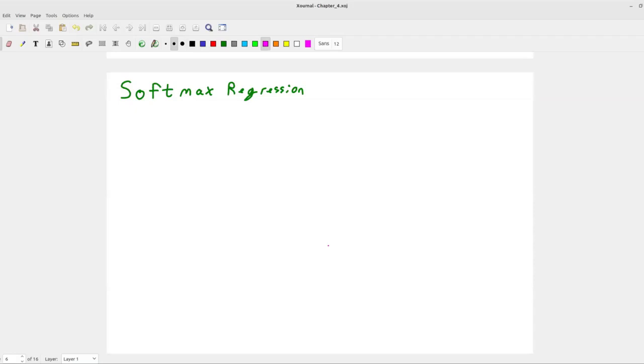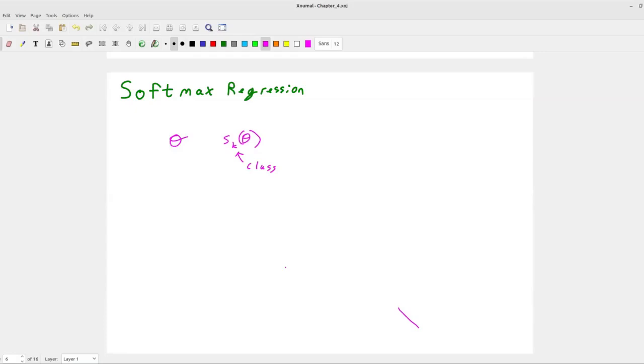So the principle is pretty simple. Given theta, the softmax regression just tries to calculate a score, s_k of x, for each class, where k is the class, right? K is the class, and s is the score, given your parameter theta.